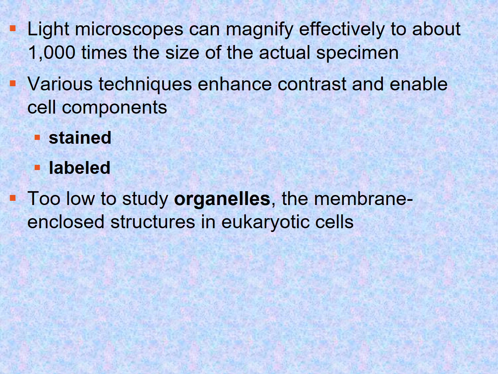Staining is one of them, and labeling with fluorescent molecules is another. Now, the resolution is usually too small for a light microscope to study the organelles, so you have to use super resolution microscopy in order to study the individual organelles that are inside a cell.